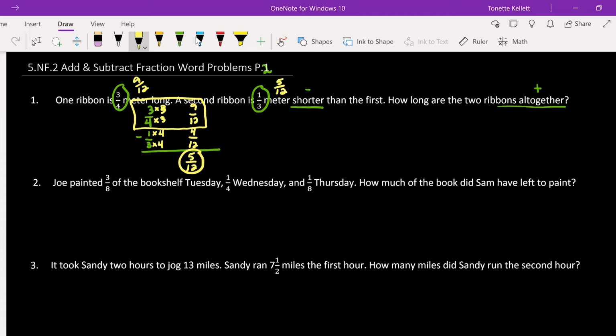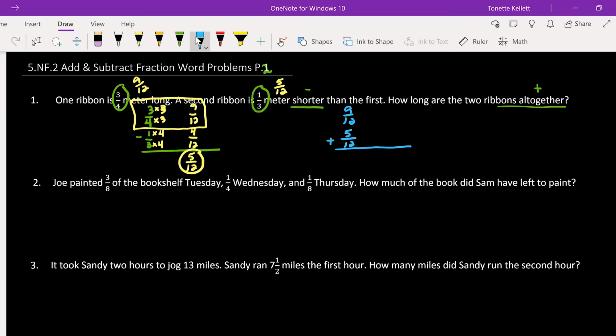The second ribbon is 5/12. If we add these two together, that's what we do next. 9/12 plus 5/12. Many students will stop at what we just did and say they're done with the problem, but this problem asks how long are they all together. So we need to add this.